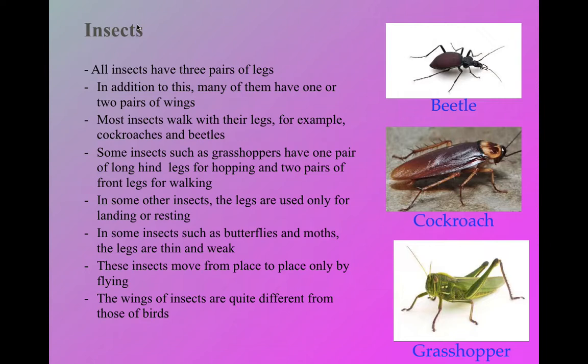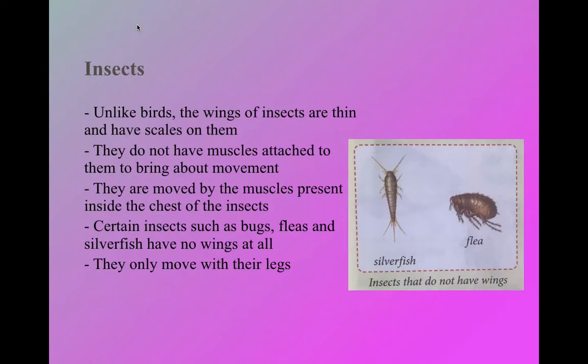In some insects, such as butterflies and moths, the legs are thin and weak. These insects move from place to place only by flying. The wings of insects are quite different from those of birds. Unlike birds, the wings of insects are thin and have scales on them.